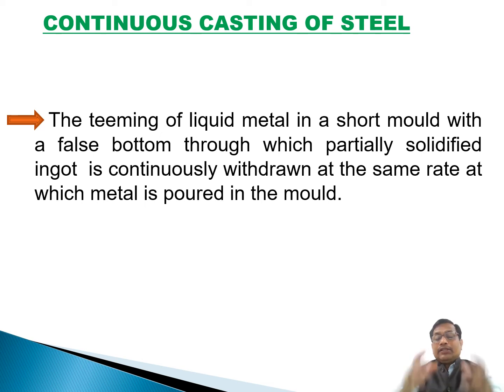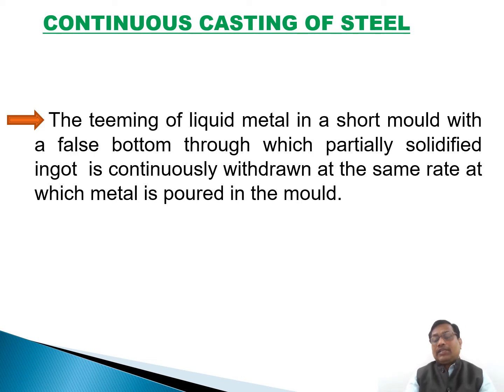The cross section is already fixed. The bar is coming, and its length is huge. So we cut it according to our requirement, and we get the ingots like this. This continuous casting was first developed in a very simplified way and later modified.